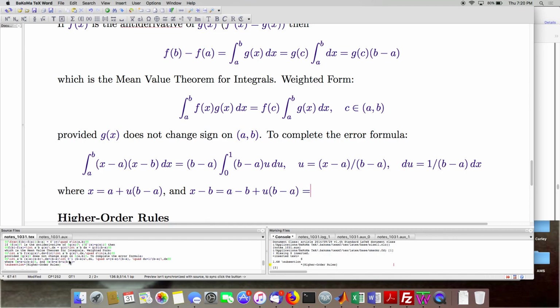So that's going to be b minus a times u minus 1, because here I can factor a b minus a out of this.